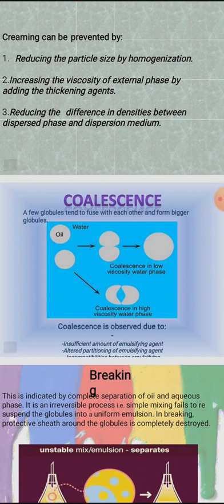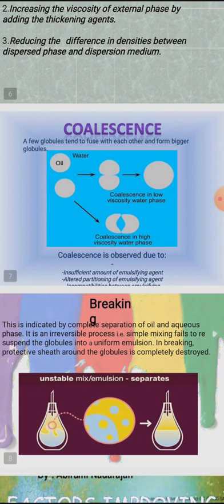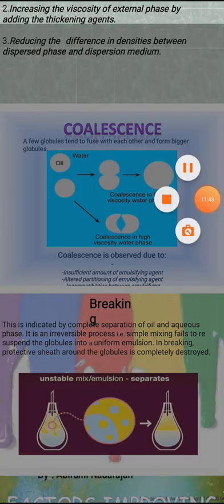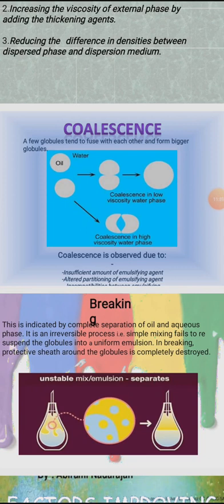Next I am coming to the point, that is coalescence. So what is coalescence? A few globules tend to fuse together with each other and form bigger globules. From the figure we can see that two globules fuse together and form one bigger globule. In this process, the emulsifier film around the globules is destroyed to a certain extent.